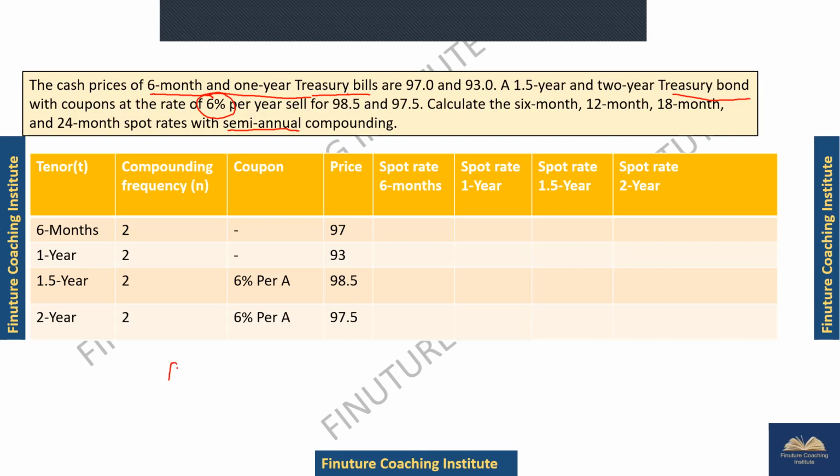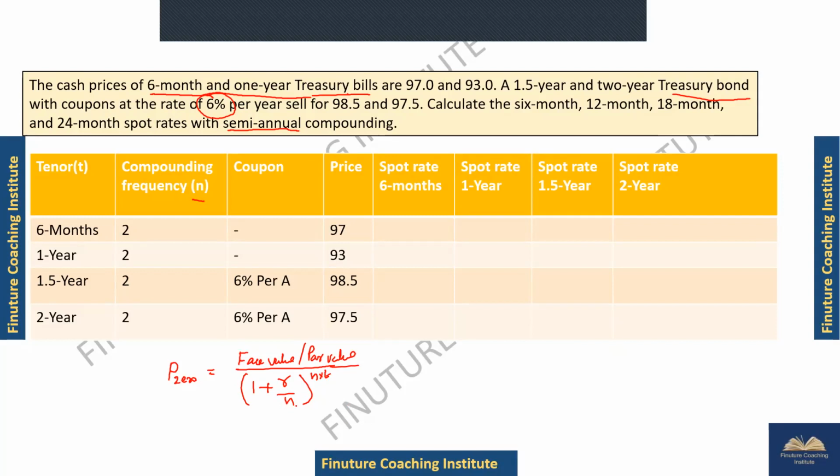The price for a zero coupon bond is the face value, or par value, whatever your maturity value is, divided by, and the important point to be taken care of is, (1 plus R over N), where N stands for compounding frequency, to the power N into T. Just remember this formula and you will never get confused.